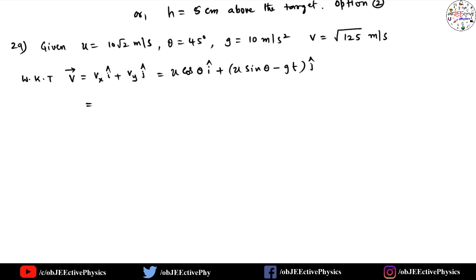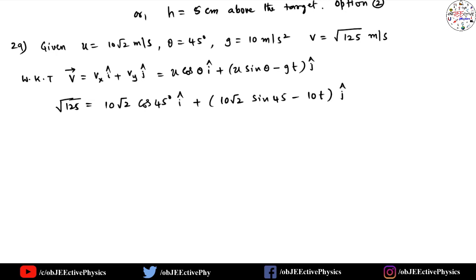That is equal to u, given 10 root 2, cos 45 degrees into i cap plus 10 root 2 sin 45 minus 10 into t j cap. The magnitude of V is given, square root of 125.